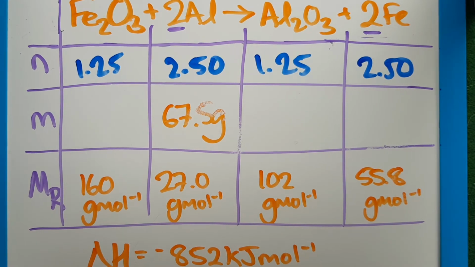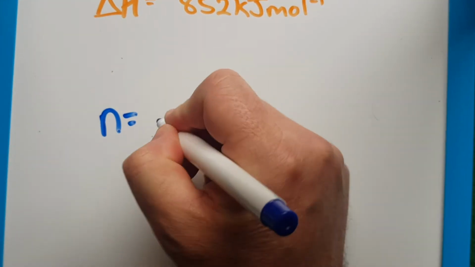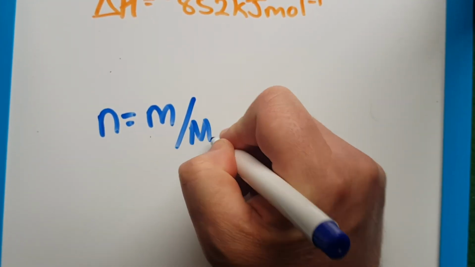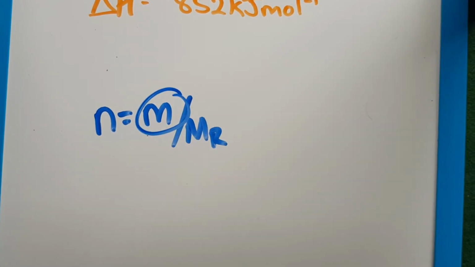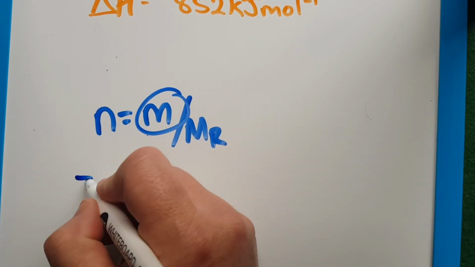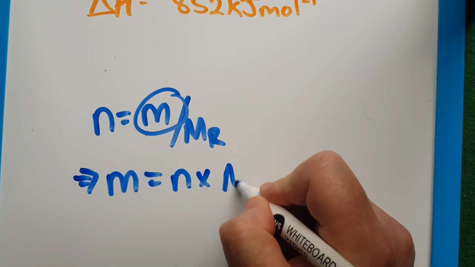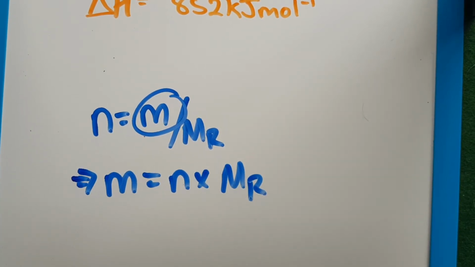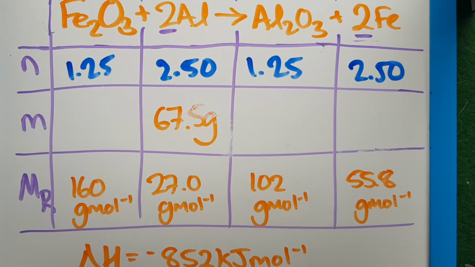I'm just going to slide this down so I can show you the quick working of that. So if n equals little m over big M, or over Mr, and I want to make mass my subject, I multiply by molar mass on both sides. So it becomes mass equals the amount times the molar mass. So slide myself back up, and I'm going to do that calculation.